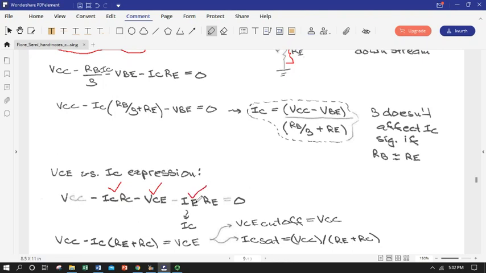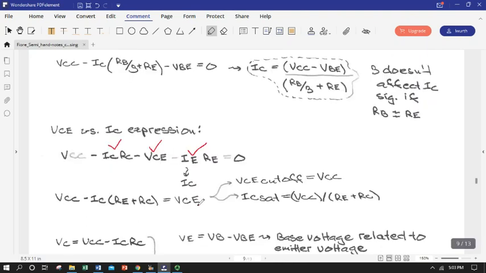We know that our collector and emitter currents are comparable, so we can substitute in I sub C here, and we get an expression for our collector emitter voltage in terms of our collector current and other things in the circuit.